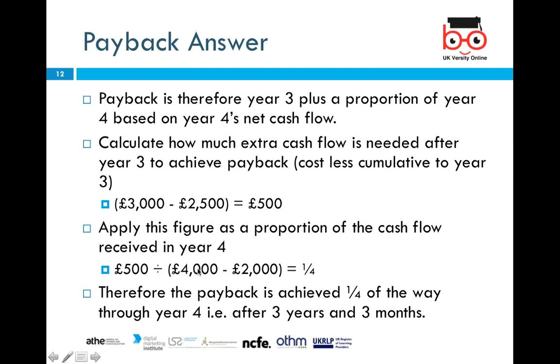So 500 divided by 4,000, that's the 4th year's cash flow, so 1/4. So that means the payback is achieved 1/4 of the way through year 4, after 3 years and 3 months. So 3 years and 3 months is the correct payback period.